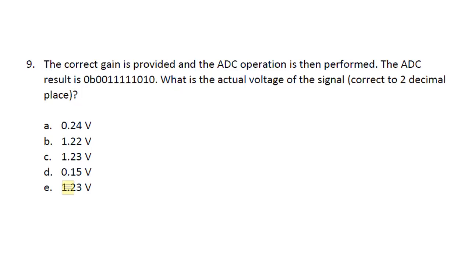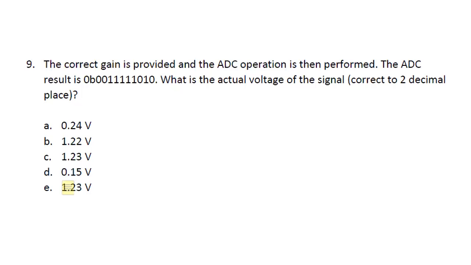Using your calculator, you'll get that it converts to 250 decimal. Now, with reference to the input range of 0 to 5 volts, what does this 250 represent? It is 250 divided by 1024 times 5, because it is a 10-bit ADC and the input range of the ADC module is 0 to 5 volts. So what you get is 1.22 volts.